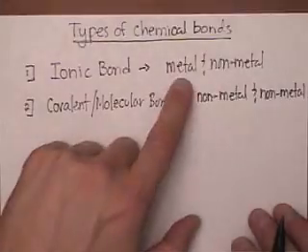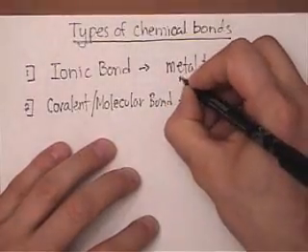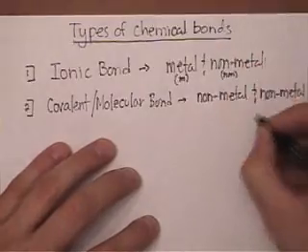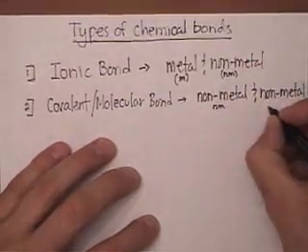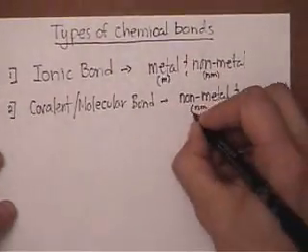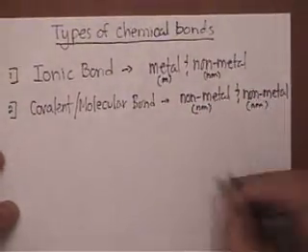I'm lazy, so I'm not going to write out metal anymore. I'm just going to call it an M. And for non-metals, I'm going to call it NM. And that means non-metal and non-metal. Okay, that's what that means. Metal is an M, non-metal is NM.